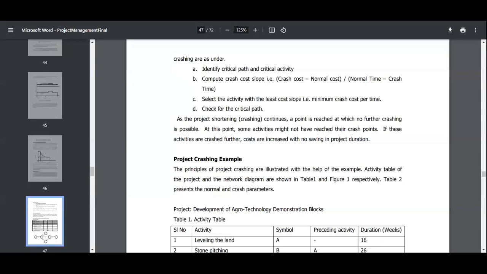So critical path and critical activity, you have calculated before. You have calculated the critical path, then compute the crash cost slope, whatever the normal time required, standard time required, higher time required, calculated on that basis, and select the activity with the least cost, so minimum crash cost for time, and check for the critical path.